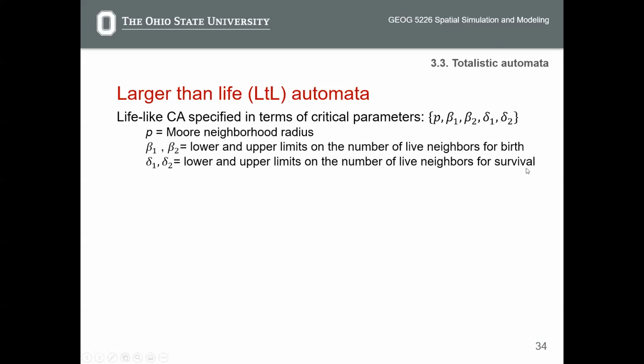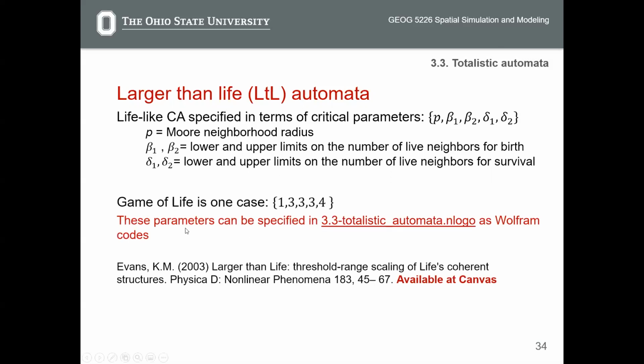It means that if the central cell is alive right now and it will survive after the next tick, then the sum of neighbors should be somewhere between delta 1 and delta 2. Using these 5 critical parameters, we can define a very specific life CA, right?